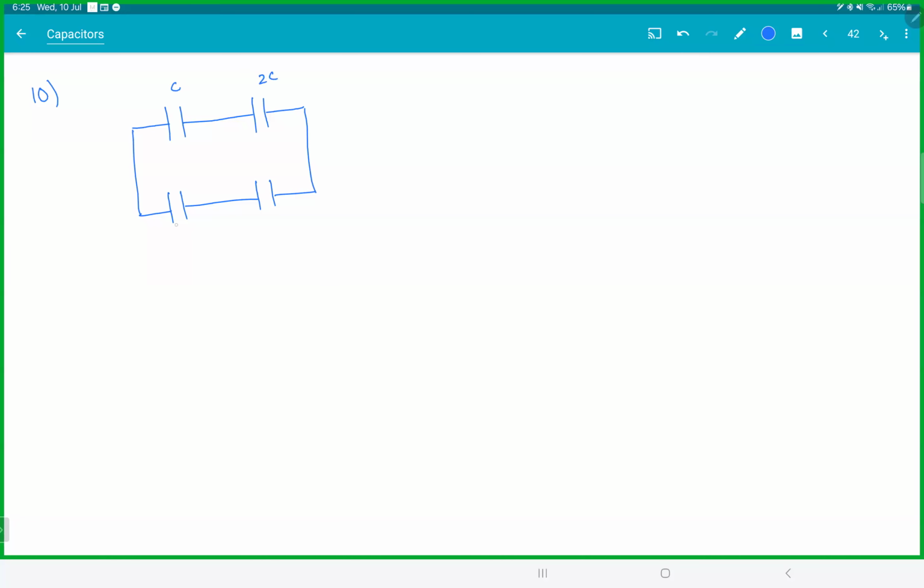This is C, 2C, 2C, and C. We have a switch in the middle. This is connected to a battery. Find the heat produced. Let me ask you like this: find C equivalent before and after closing the switch.